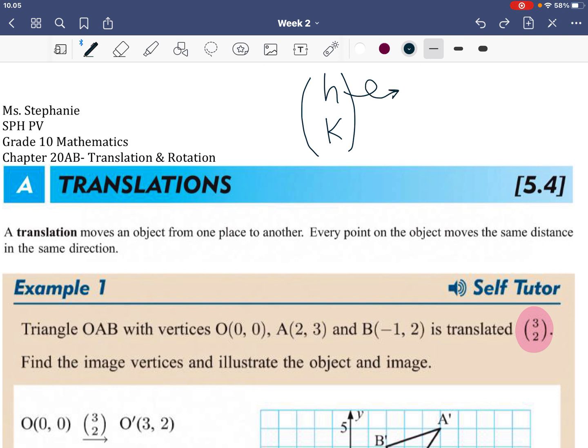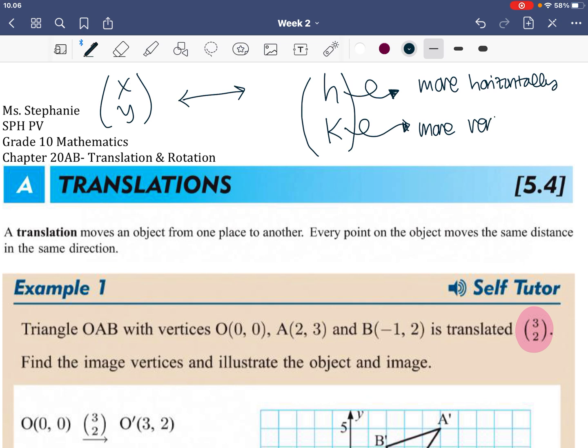So this will tell you how much you move horizontally, so left and right, because usually it's X, Y, right? Think of it that way. And then this one, how much you move vertically, up and down.